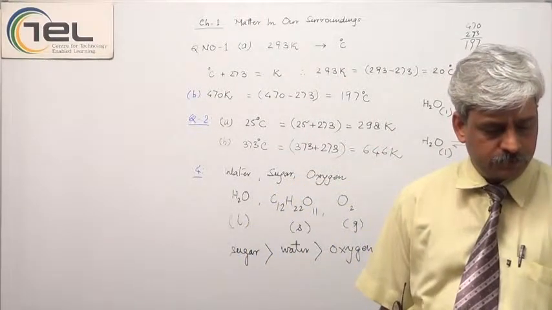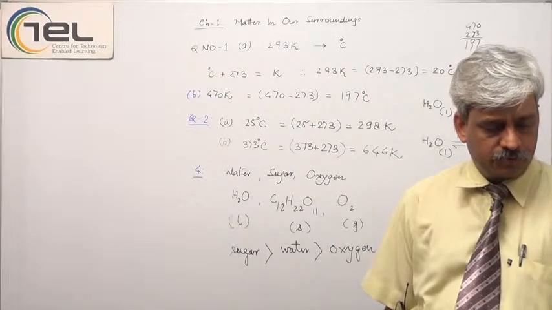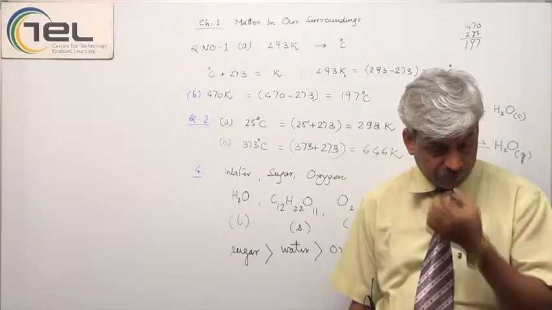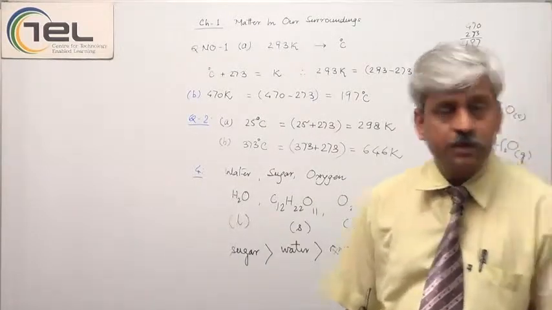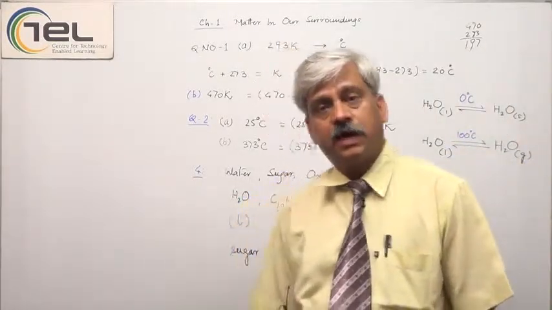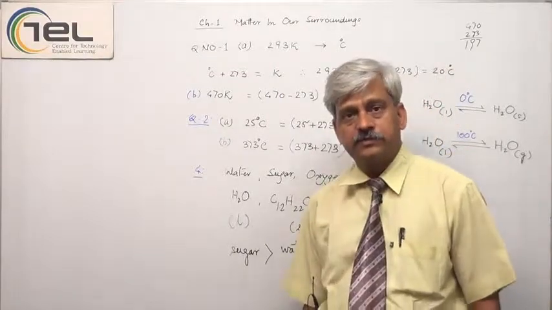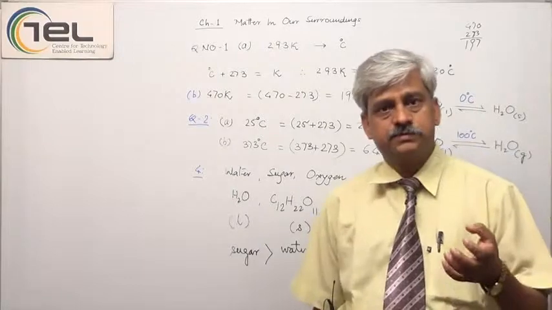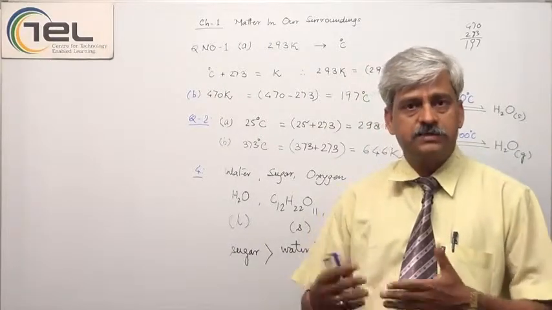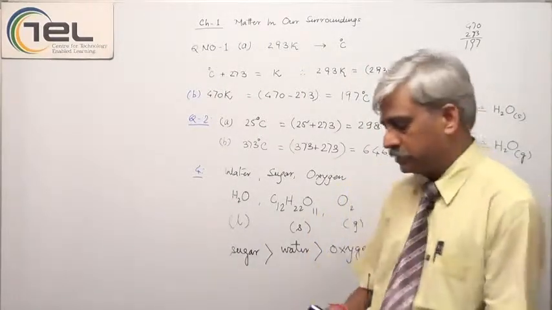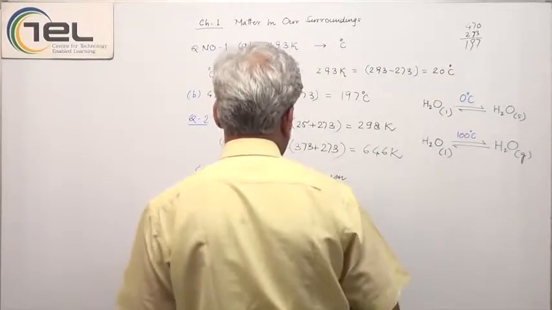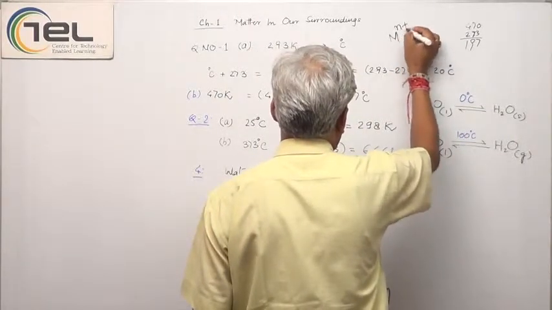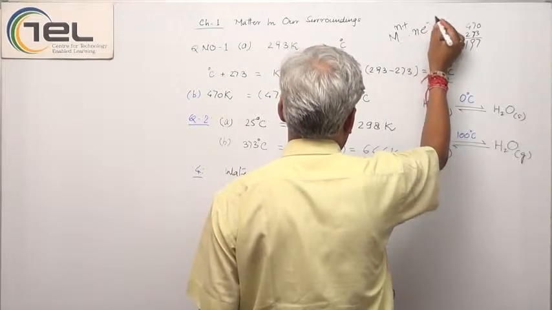Another question is why iron is solid at room temperature. The same thing applies over here. In case of iron, the intermolecular force of attraction is the force between the ions and the electrons, because all the metals exist something like this.